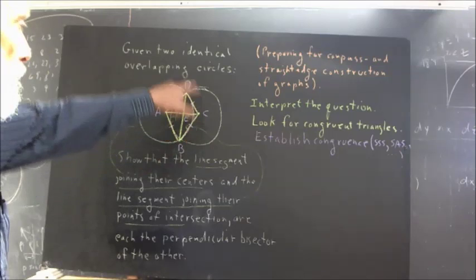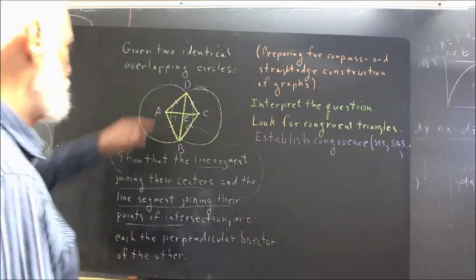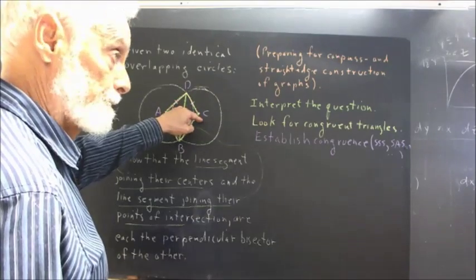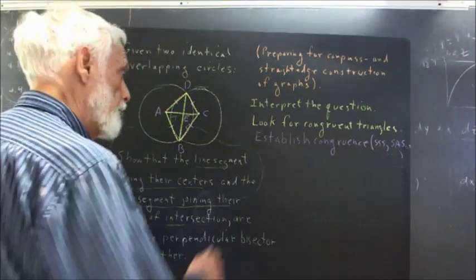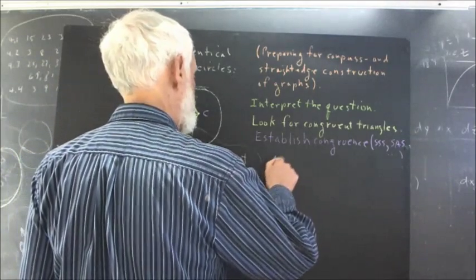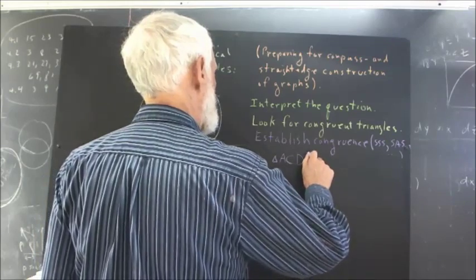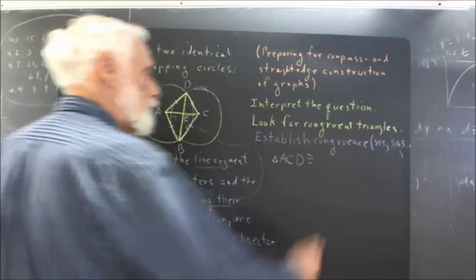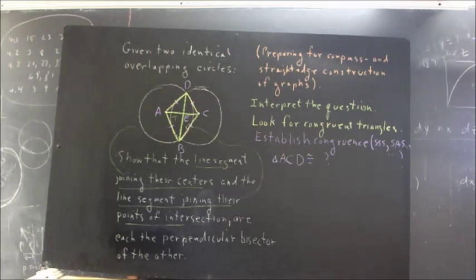So we've got A, B, C, D, E. Now, let's think about the triangle ADC, or ACD, whichever way you want to look at it. Triangle ACD is congruent to what triangle? There is one triangle to which ACD is congruent.